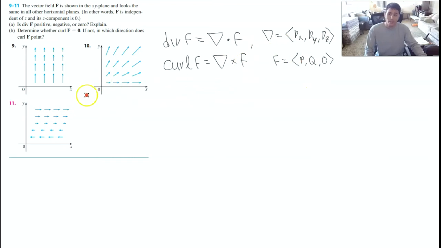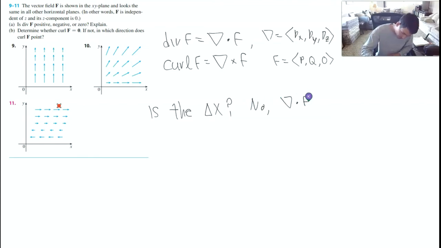So if we apply these facts and think about it, looking at number 9, you ask the question, is there change in x? No. Okay, so gradient dot f is just equal to what?